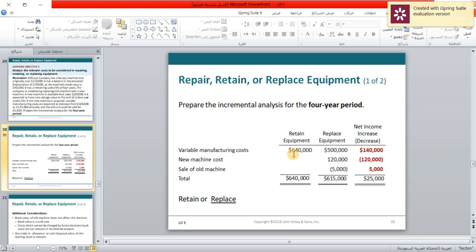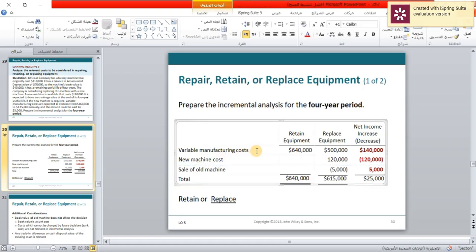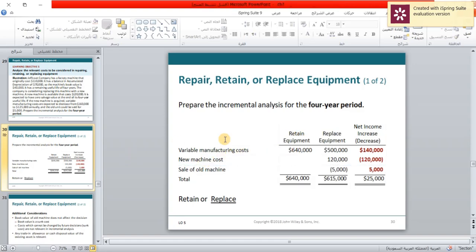For 4 years, variable manufacturing cost is 160,000 times 4. Here it is 125,000 times 4. New machine cost, and replace sale of old machine. We will reduce the cost of replace.